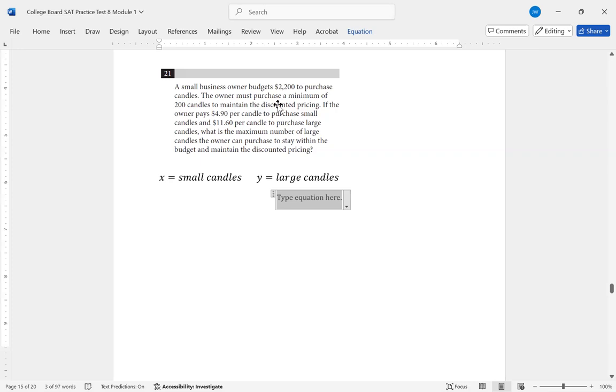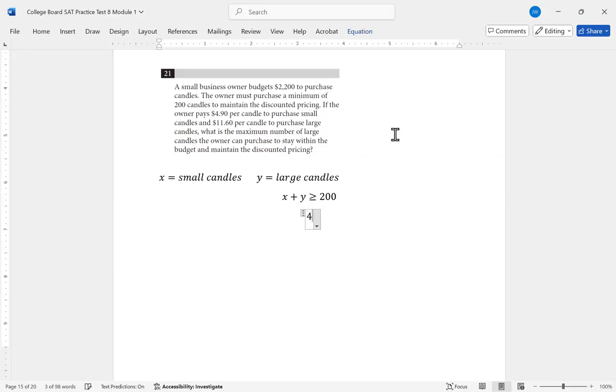The owner must purchase a minimum of 200 candles. So when I combine the X and the Y, they have to be at least 200 candles. The other inequality is about pricing.